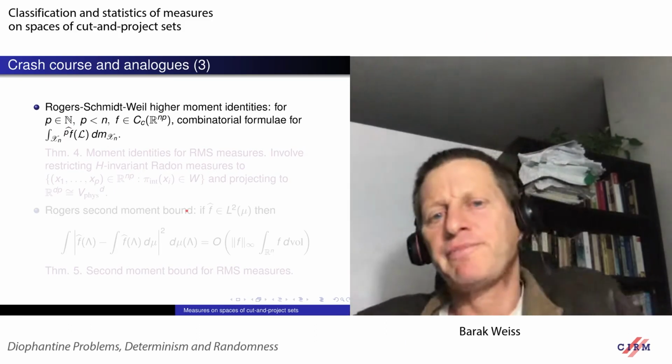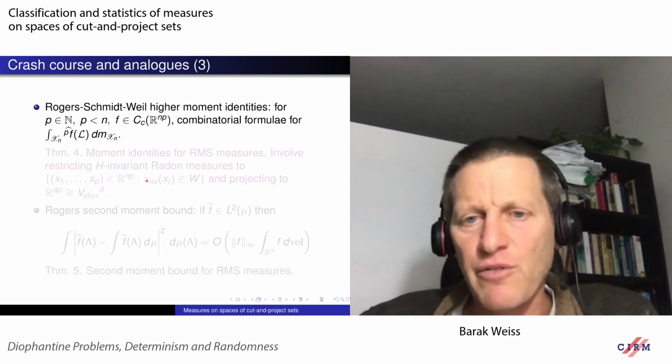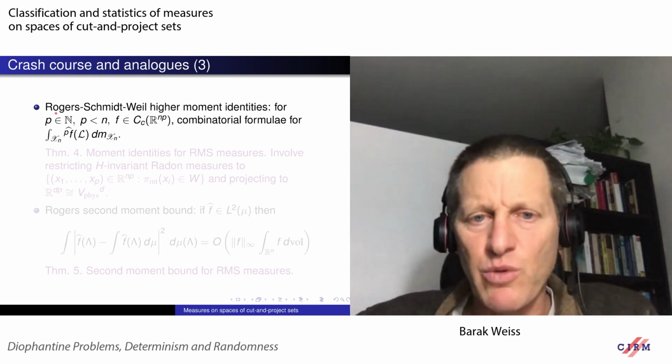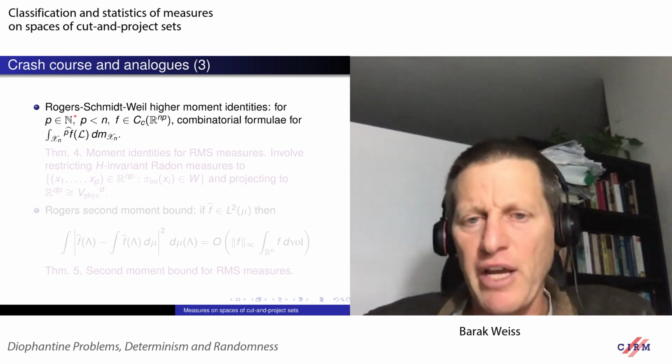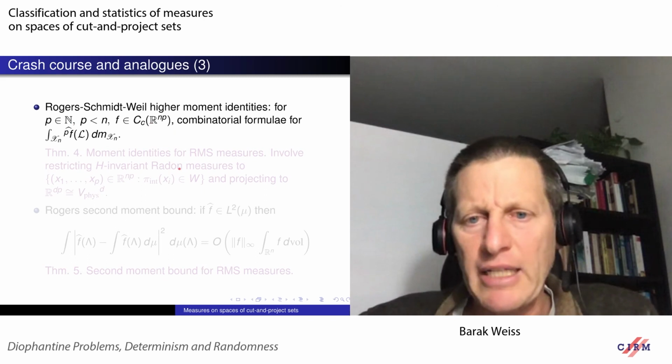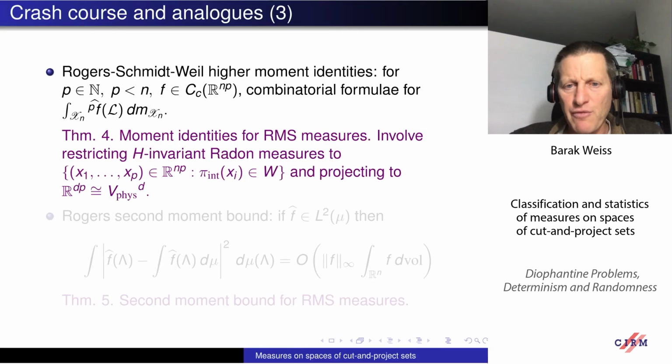As I said earlier, once you have this pth transform, you can try to write down an identity for it. And so this was done in the 50s and 60s by Rogers, Schmidt, and Andreev in separate work. And as I said, they have combinatorial formulas for expressing this quantity. And we have the analog for RMS measures.